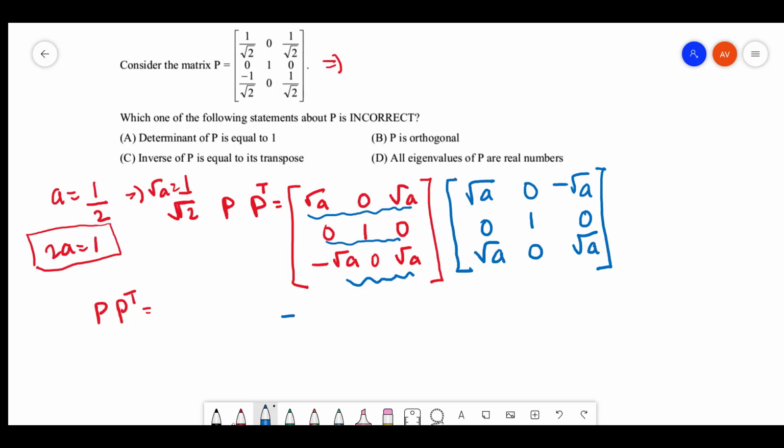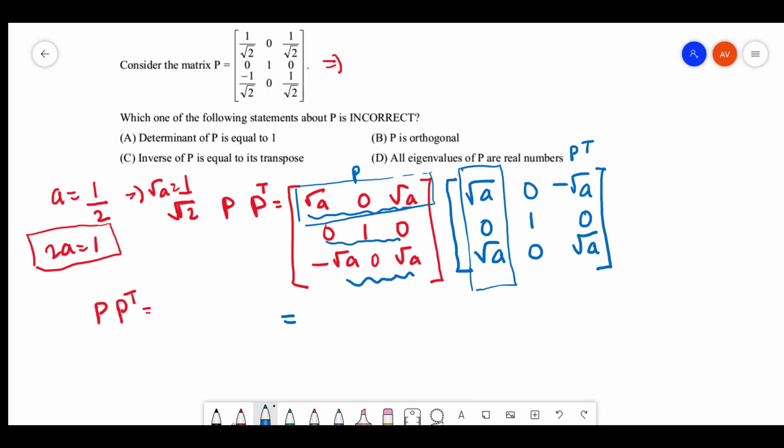Now let's do the matrix multiplication. This is basically P and P transpose multiplication. We are going to multiply each row with each column.